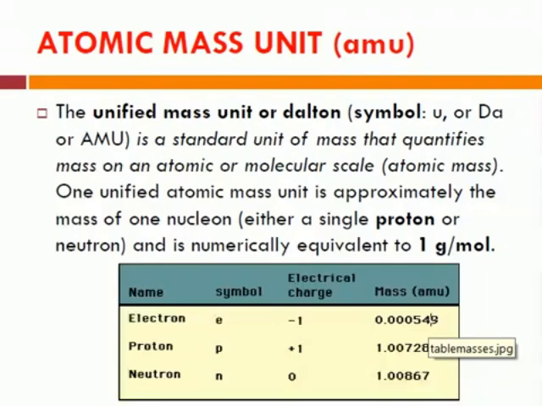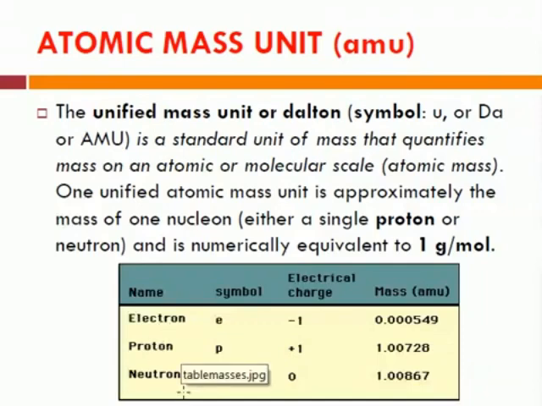Then multiply it by Avogadro's number, which is constant 24. You will get 5.49 times 10 raised to negative 4, so that is 0.000549. The same process applies for the proton and neutron.